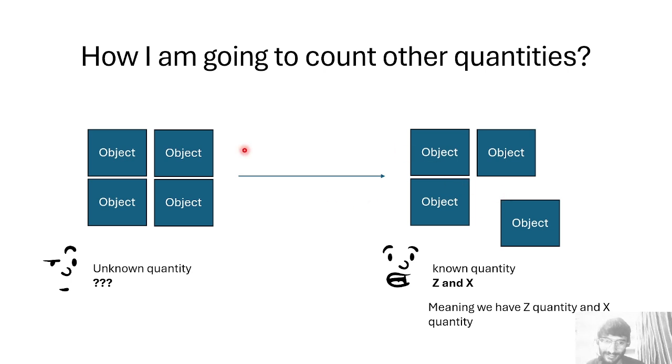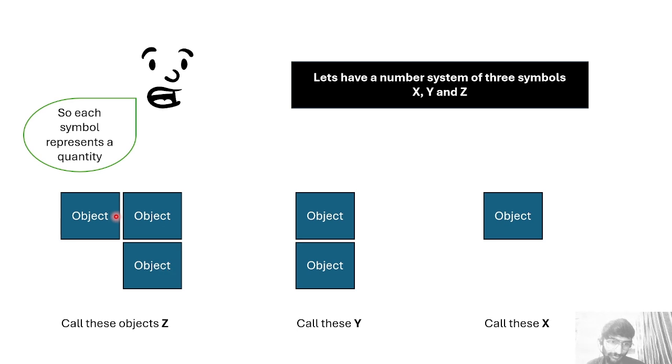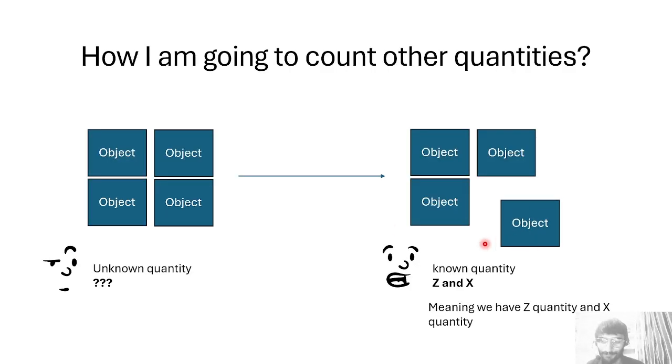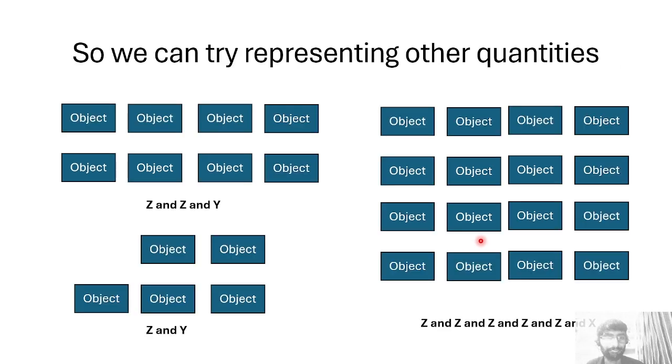He has divided this quantity into a Z quantity and an X quantity. Frank seems amazed by this idea, meaning we have a Z quantity and an X quantity.